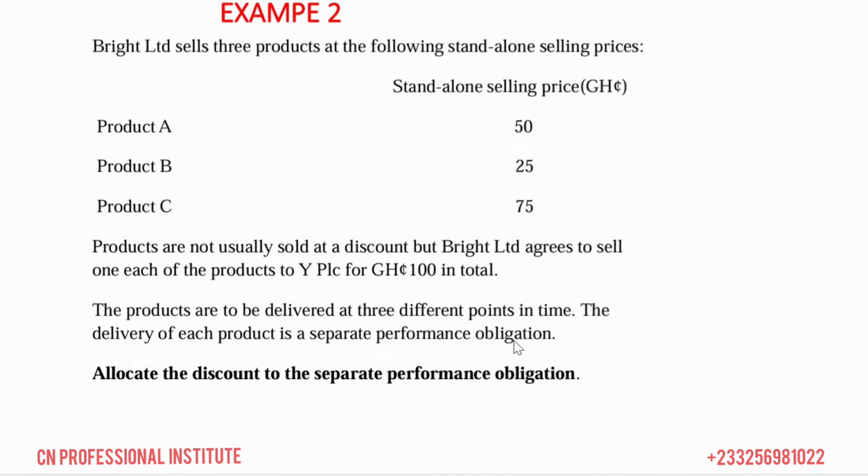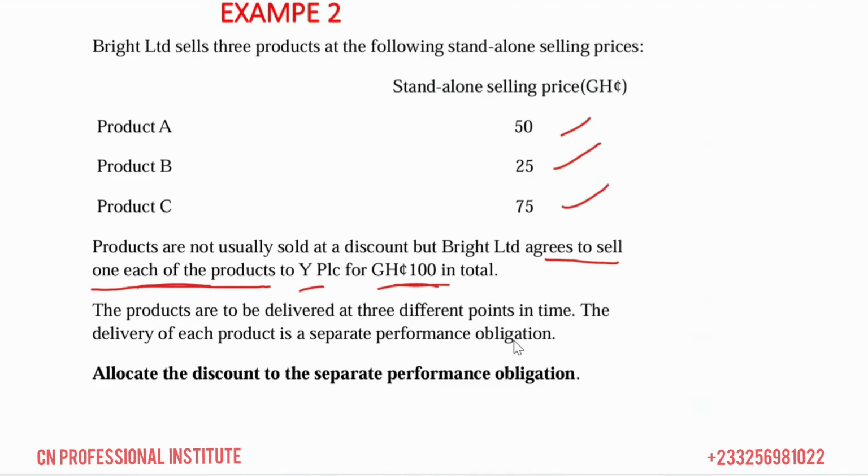So let's look at example 2 first. Example 2 is, let's say, simpler. Example 2 says Bright Limited sells 3 products at the following standalone prices: A for 50, B for 25, and C for 75. The products are not usually sold at a discount, but Bright agrees to sell one each of the products to Y for 100 cedis in total.